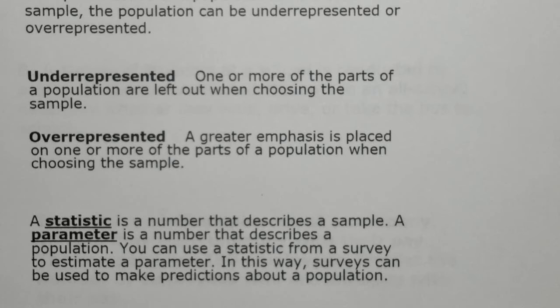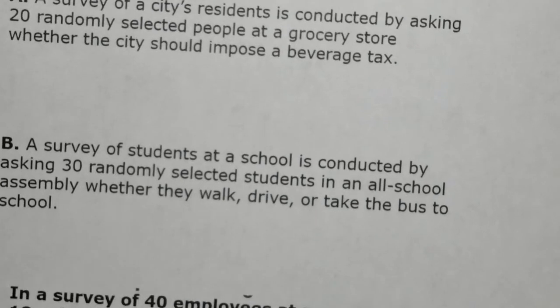When we can't survey all of the population, we take our sample and we find a statistic. That way we can estimate the parameter or make predictions about the entire population just based on our sample, as long as our sample is representative of the entire population.